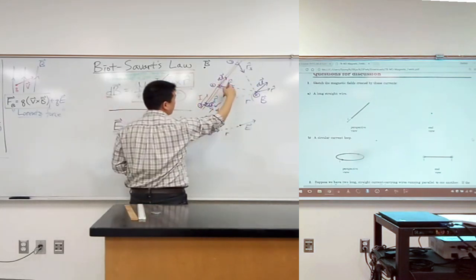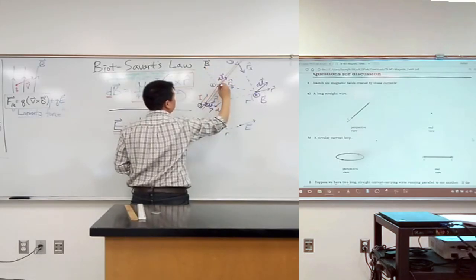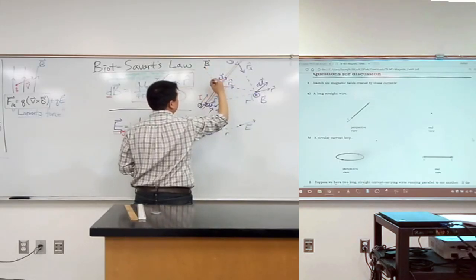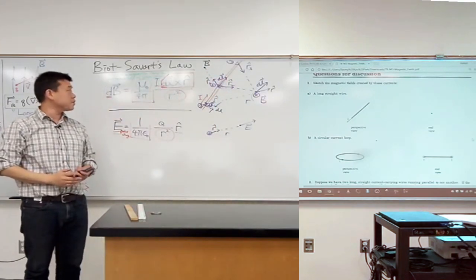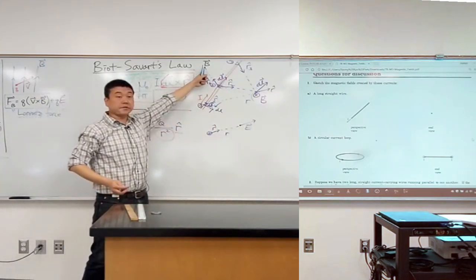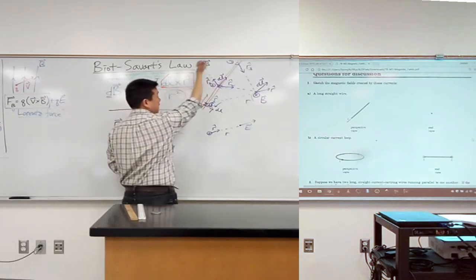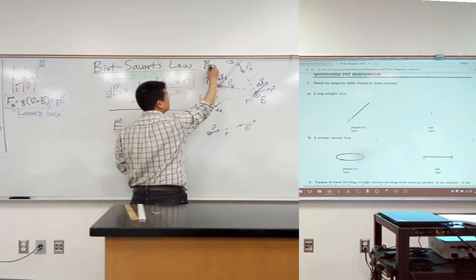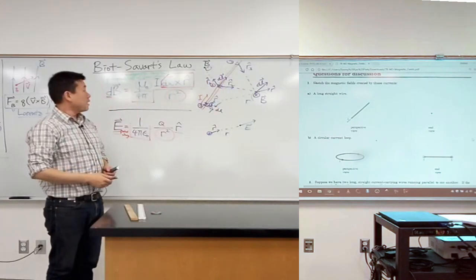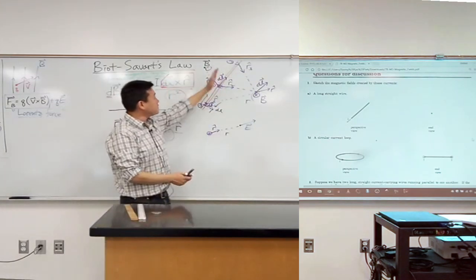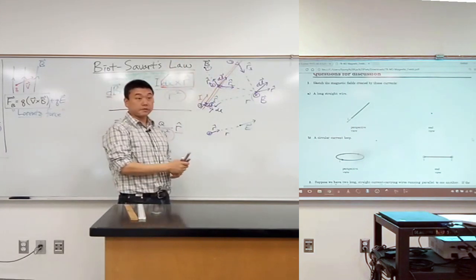The r hat 2 vector, because the point that I'm looking at is now different, is going to be this vector. What's the direction of the magnetic field at this point? Yeah, dl cross r hat, it's out of the board. When you try a similar exercise with all the other points, for every single point on this side of the wire, you'll get out of the board.